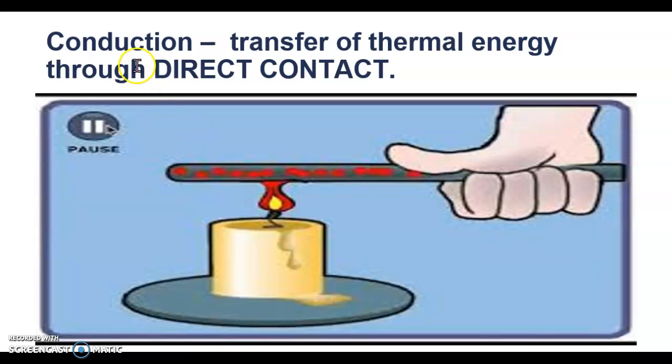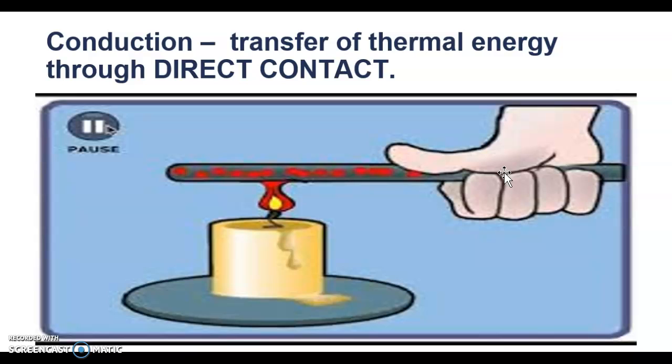So basically, conduction is a process wherein heat is transferred through direct contact, just like this one. You see the fire actually touching our metal rod here. And if you are holding that rod, you will notice heat coming towards your hand.